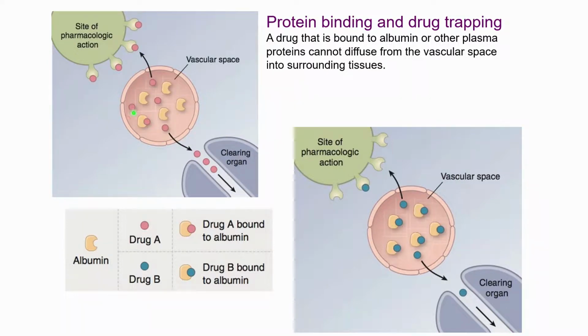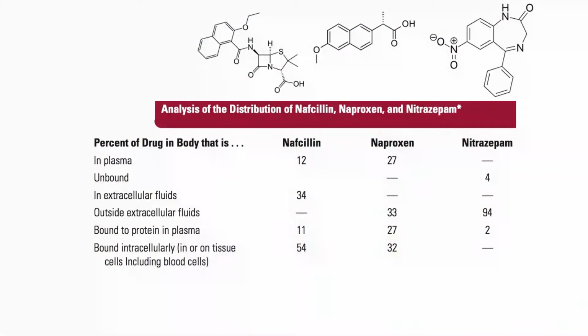Drug A that is not bound to protein easily reaches the site of pharmacologic action and is easily removed from your bloodstream. So that's another important parameter. We can see that different drugs are bound to protein to different extent.